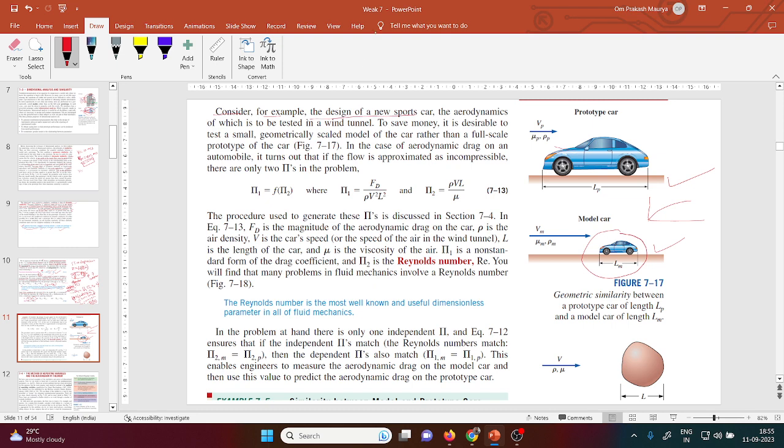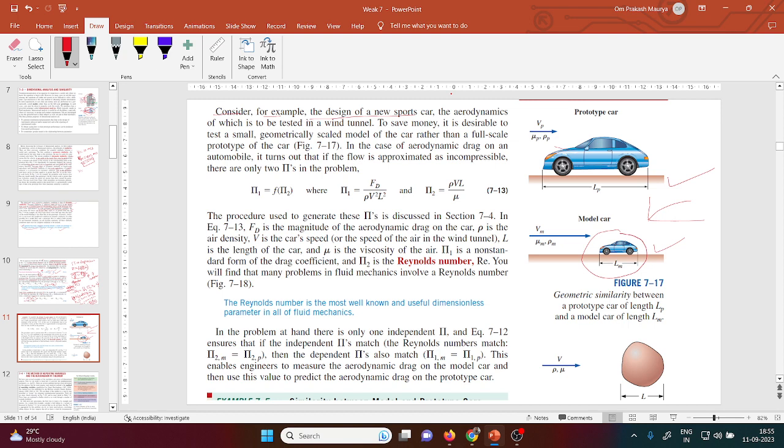This is the basis for the Buckingham pi theorem. We are studying pi and dependent and independent parameters just for the Buckingham pi theorem. If you understand dependent and independent parameters, you will understand the Buckingham pi theorem very easily. I also have one example, and then I will explain how many pi's are required.